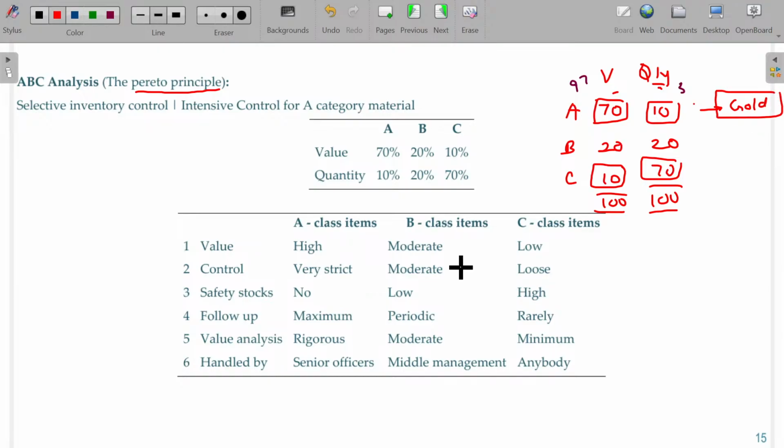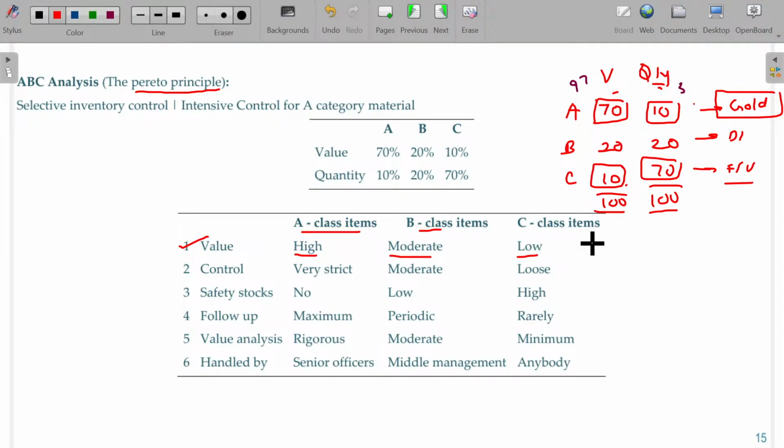In the case of C, like normal furniture and vessels, these are kept in the open house, while A items will be in bureaus and cupboards, like costly dresses and all. A class items will have high value, B class items moderate, C class items low value.